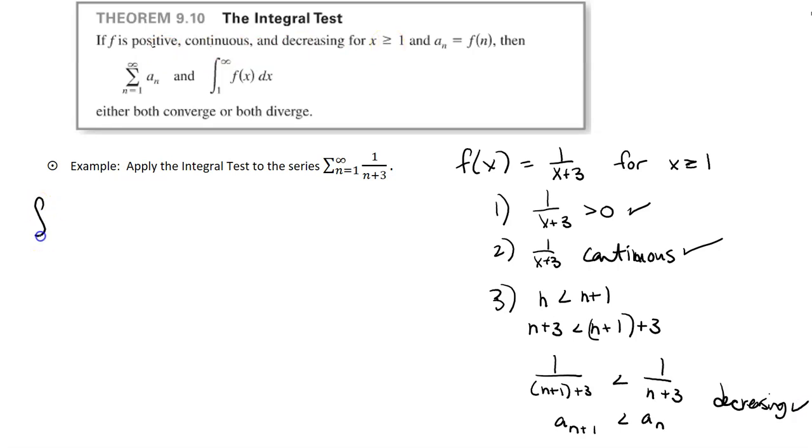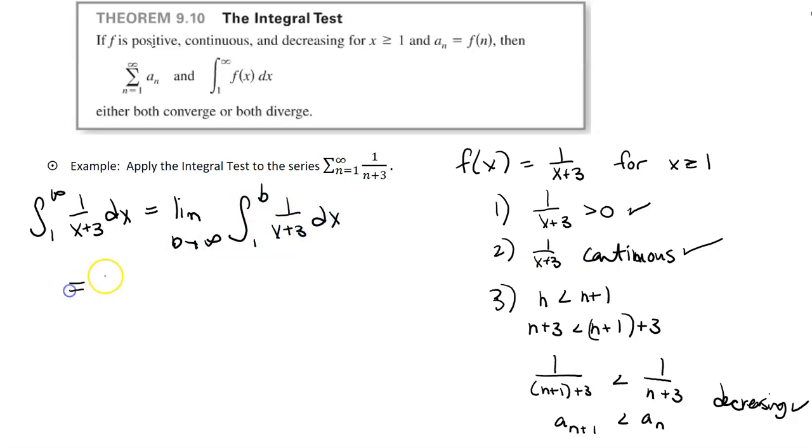So I'm going to take the integral from 1 to infinity of 1 over x plus 3 dx. And if you remember how to deal with these, that's the same thing as taking the limit as b approaches infinity of the integral from 1 to b of 1 over x plus 3 dx. Now, this integral evaluates to be the natural log of the absolute value of x plus 3, and we're going from 1 to b.